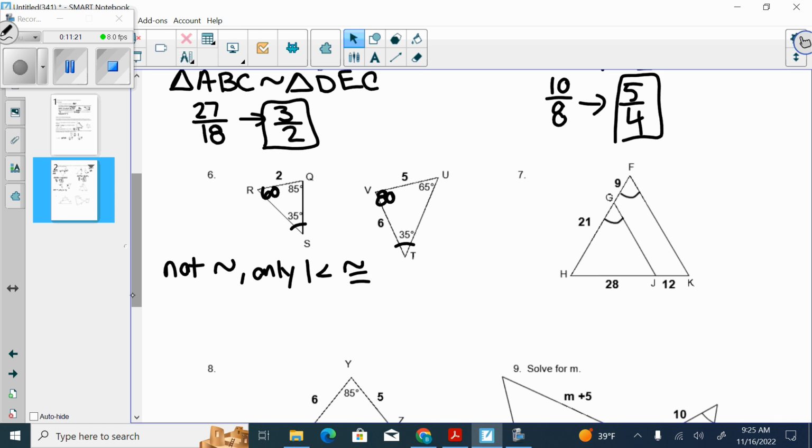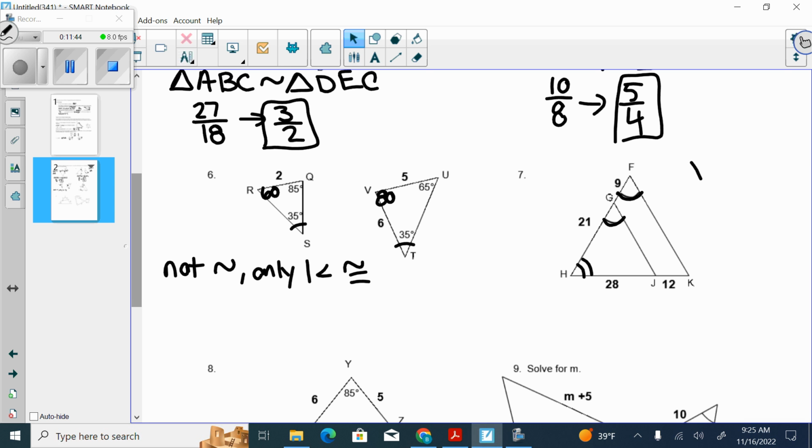Okay, next drawing, number 7. How many pairs of congruent angles do we have here? One pair. Is there any that they didn't mark that we could add? Angle H, because it's the same angle. Right, they share angle H. So I have a second pair there, and that's 2 pairs.